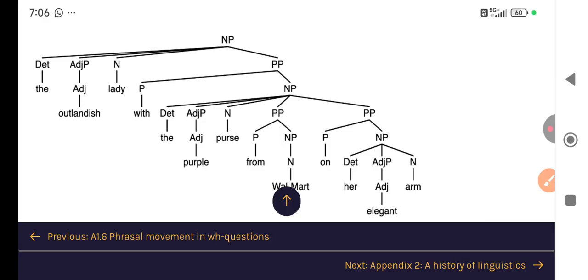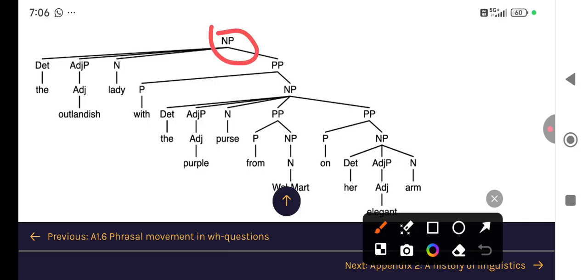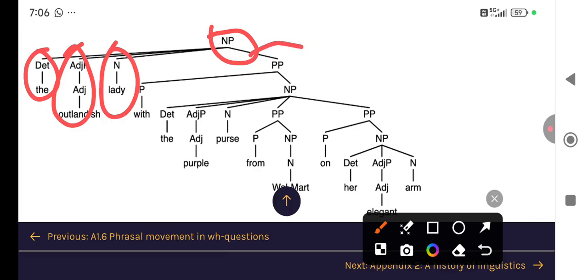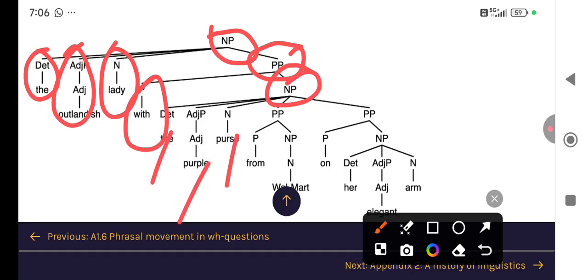Example, that's a noun phrase, right? Noun phrase, and the branches: the determiner, adjective outlandish, noun lady. Now prepositional phrase, that is with. Then with the prepositional phrase, one big noun phrase is attached, that is the purple purse, right?